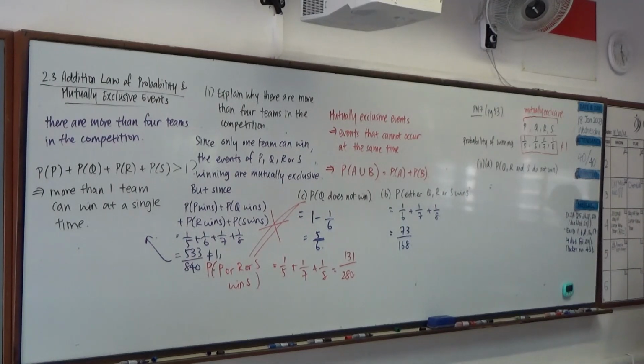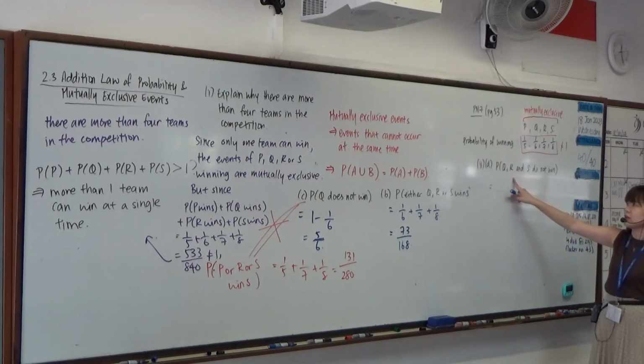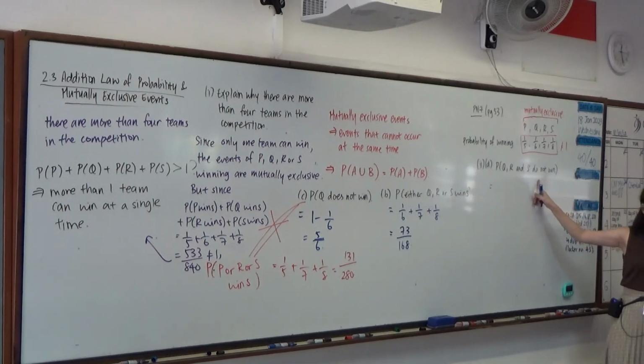Alright, part D. Probability of Q, R, and S do not win. Personally, I hate it when it is always "do not" something. I'm not sure how you feel about this kind of negative complement idea. So let's break down what this actually wants us to do.